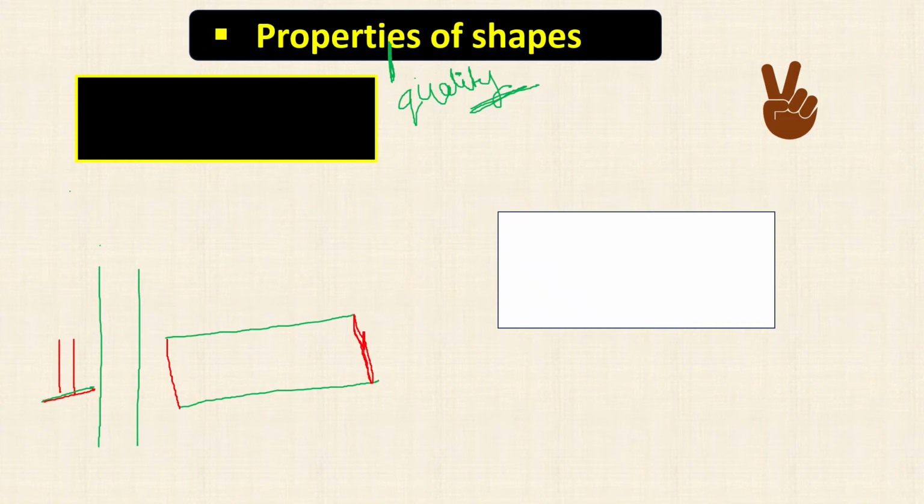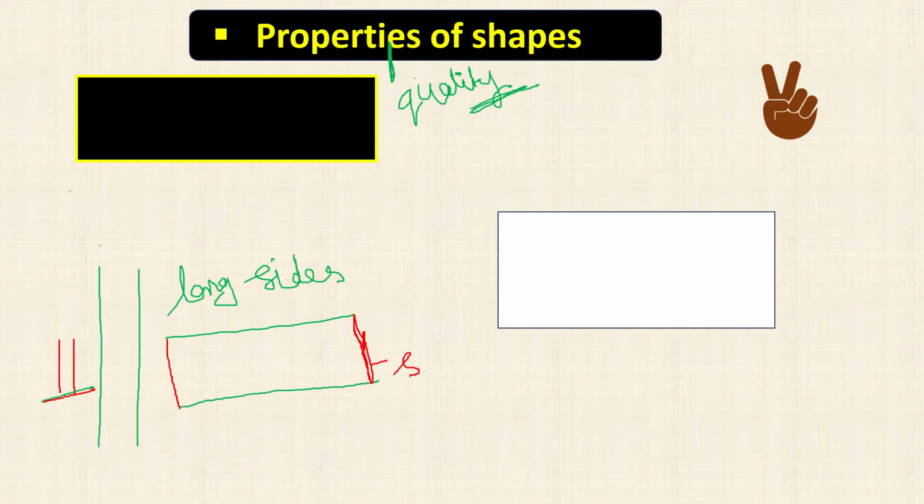So the green one is a long stick, and a long stick is known as a long side. Why do we call it sides? Because it is for both green sticks. The red one is known as a short side.